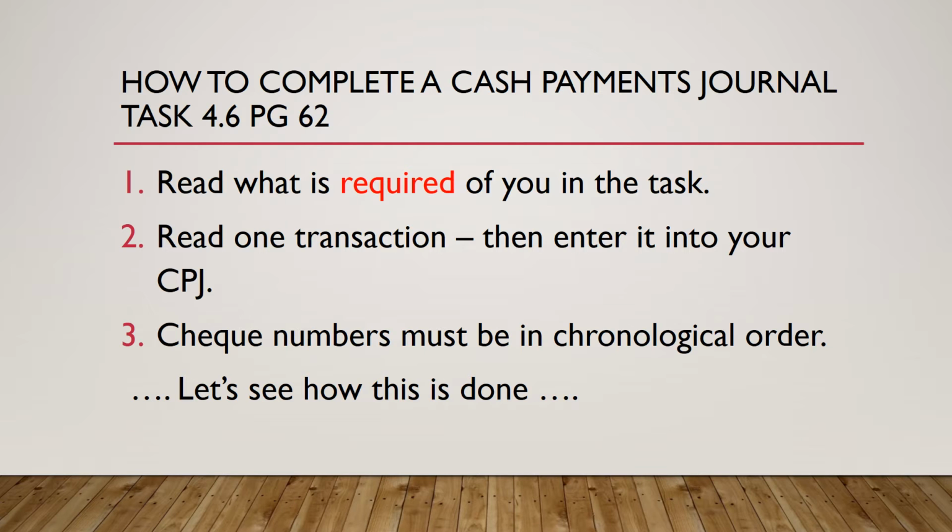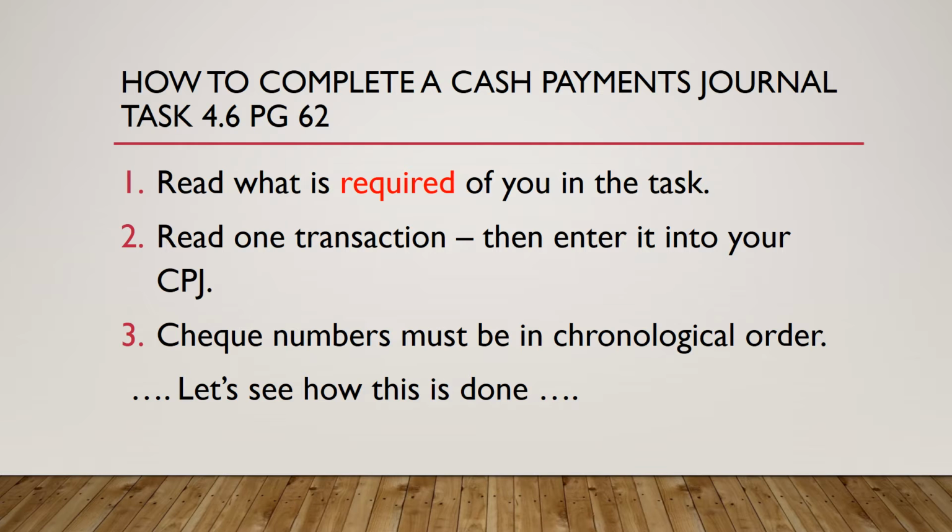Okay, before we start a cash payments journal, you need to make sure that you read the task carefully. So in your books right now, you're going to be turning to page 62 in your New Era textbook, task 4.6. I want you to read what is required of you in the task.